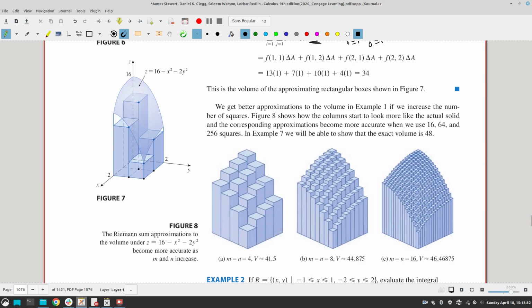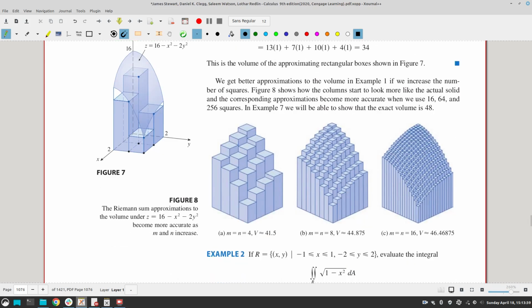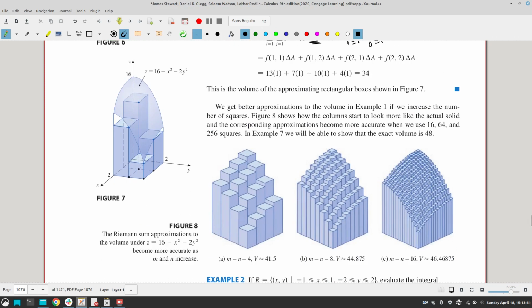And notice what happens if you use more and more boxes, right? For example, if you use 16 subintervals, m equals 4, n equals 4, then the volume is 41.5. This is what the volume looks like.